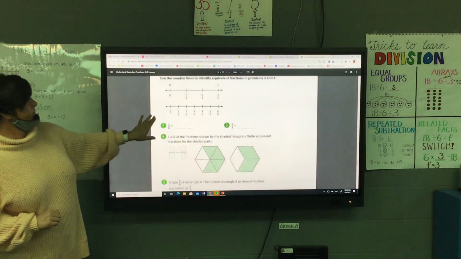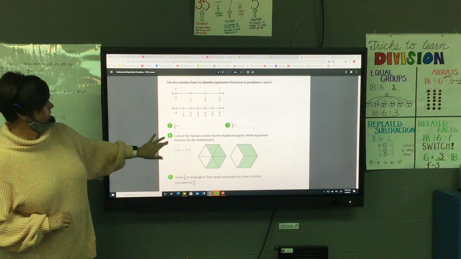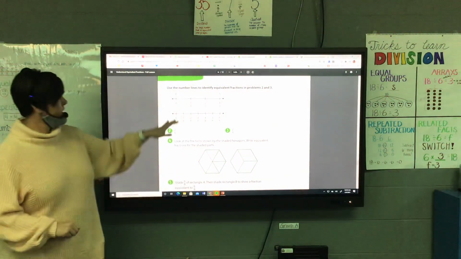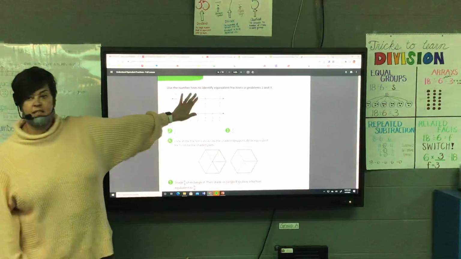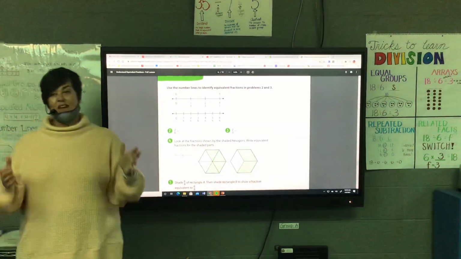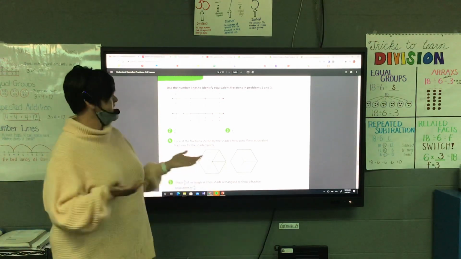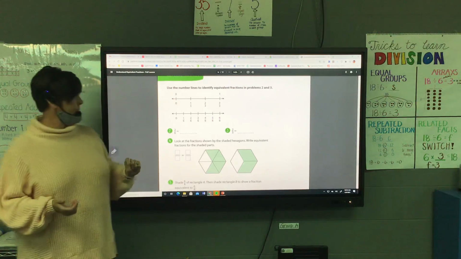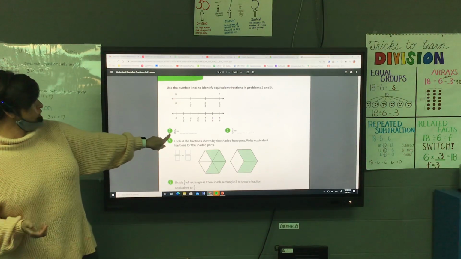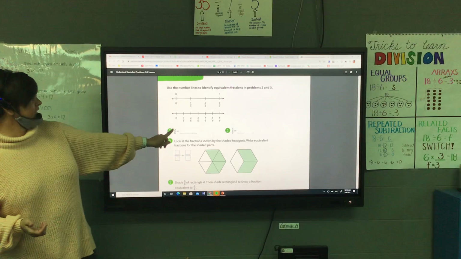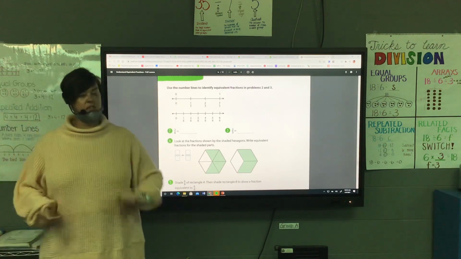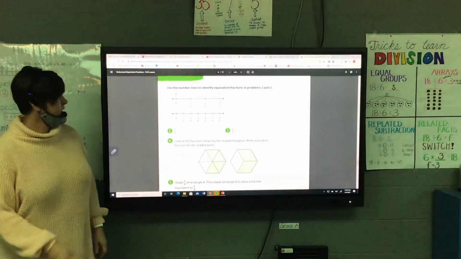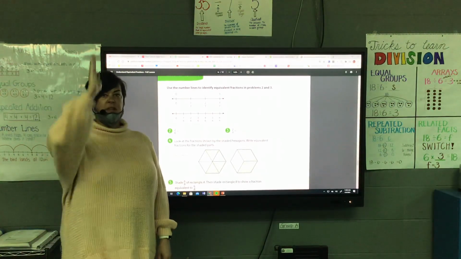Flip your paper over. Now what you're going to do, you're going to use these two number lines to help you identify the equivalent fractions in problems 2 and 3. So for 2, it says 2/6 equals, find 2/6 on the number line. Point to it on your number line. Now look above there.